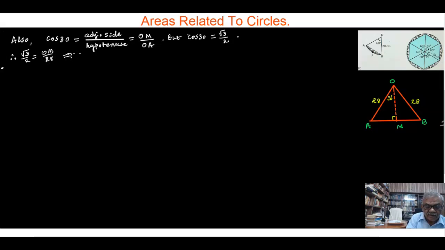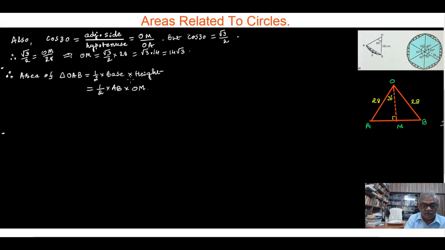This implies OM equals root 3 by 2 into 28, that equals 14 root 3. 14 root 3 is the value of OM.